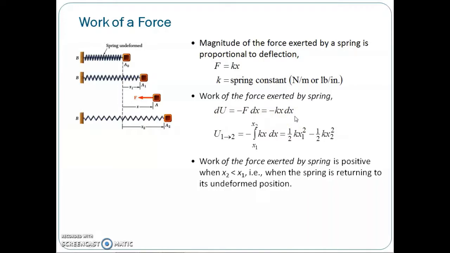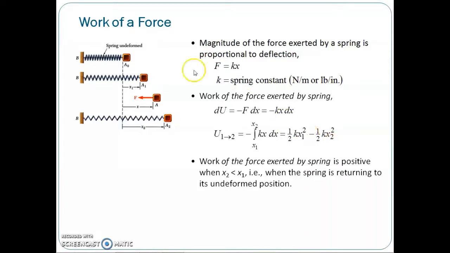To find the work of the force exerted by the spring when it is extended from A1 to A2, U1 to 2 will be the integral of kx dx from x1 to x2 with the negative sign in front. Then it will give us the work of the force U1 to 2 as 1 over 2 k x1 squared minus 1 over 2 k x2 squared.